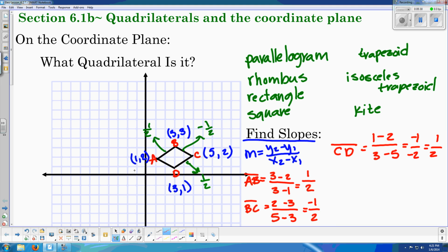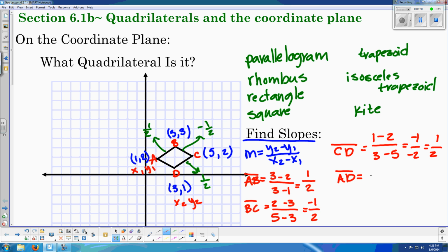And our last one, we're going to do segment AD. So we have x1, y1, x2, y2. The reason I have to do all of these is because I have to know the slope of all of them in order to decide if any of them are parallel or perpendicular or what.